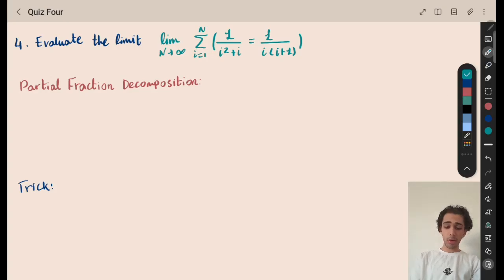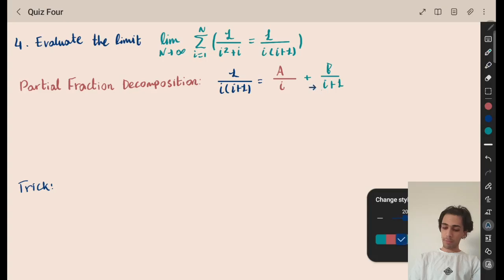Now I claim by this partial fraction decomposition that 1 over I times I plus 1 can be written as A divided by I, and B divided by I plus 1. This is my claim. I don't know what the values for A and B are, but if we have them, that will be very nice, and we will see how in a given moment.